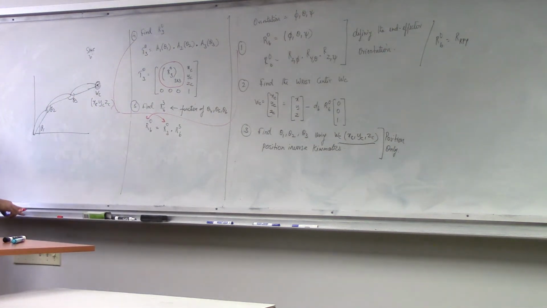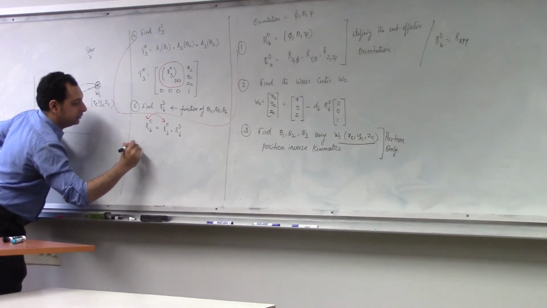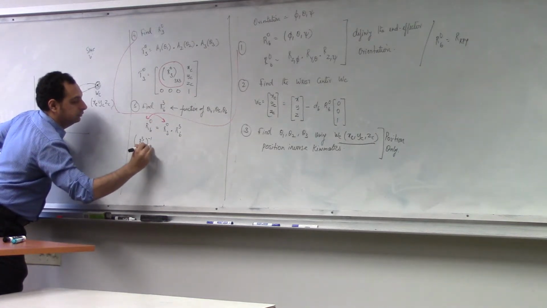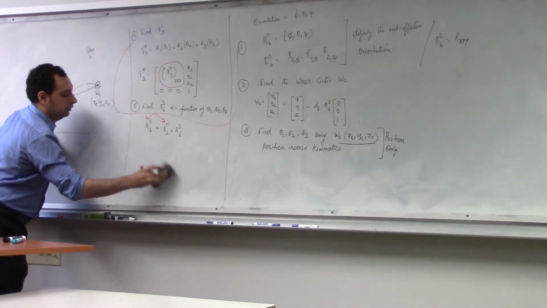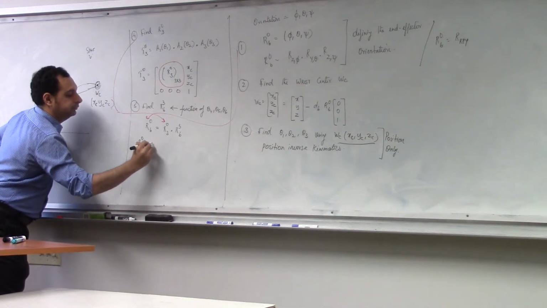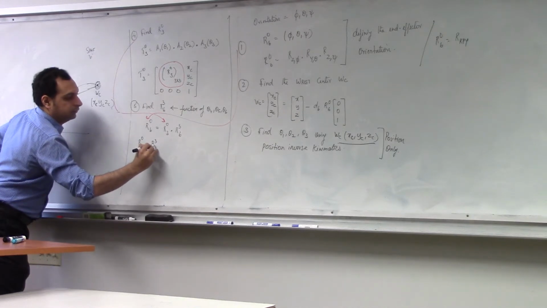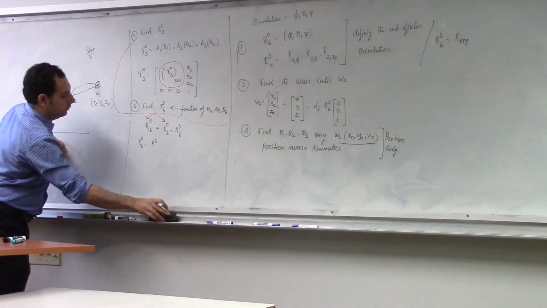So we need to find R36. So we'll multiply this by the inverse. You want to get rid of R03.